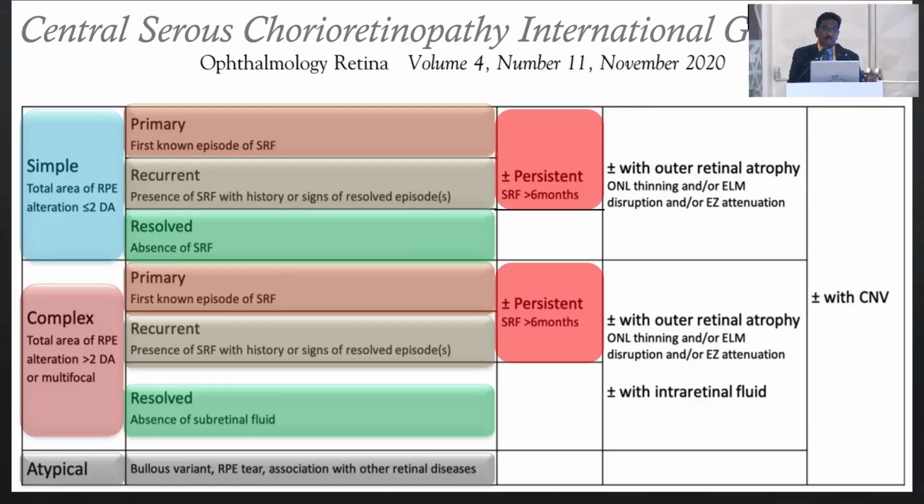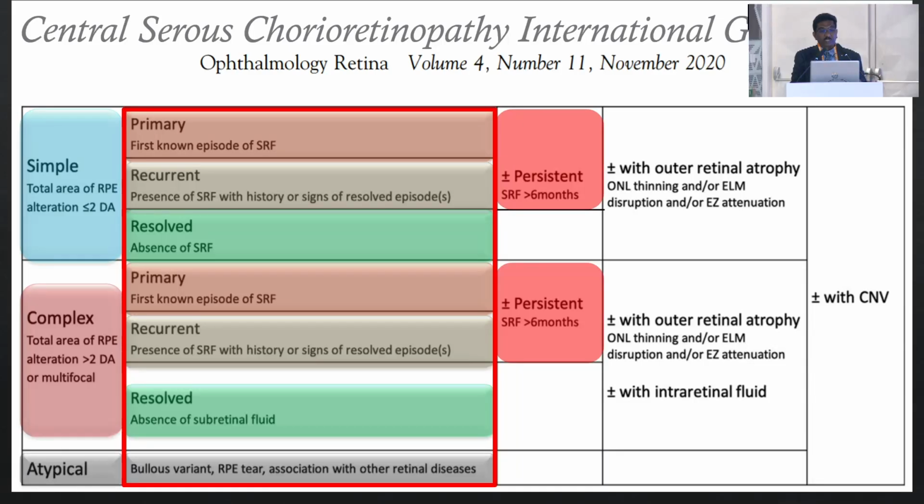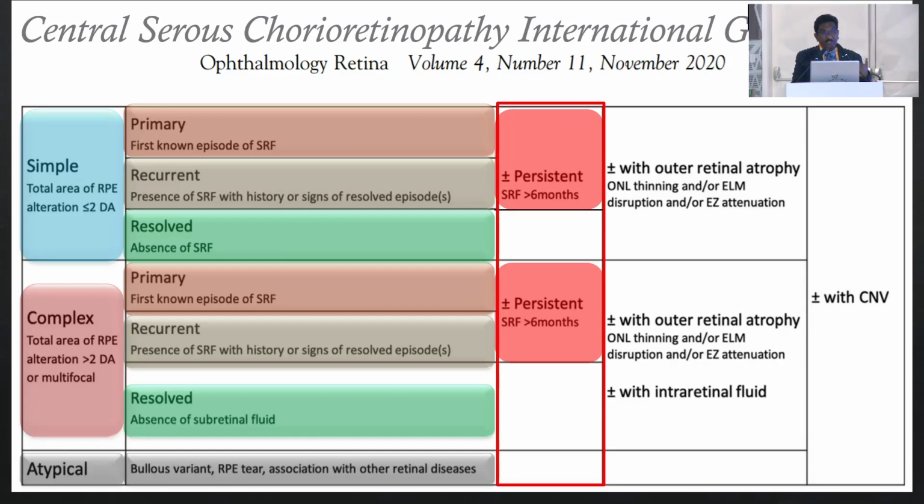Now they have classified CSR as simple, complex and atypical. And from there, it is again subclassified as primary, recurrent, and resolved. Anything where the SRF is persisting more than 6 months is now called persistent.